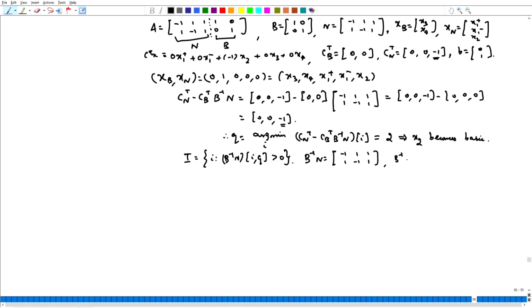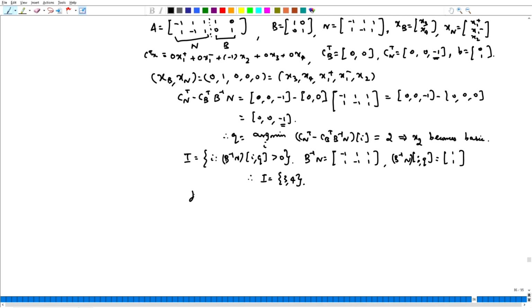So, B inverse N of q is 1 comma 1. I am just taking the column corresponding to q. Every value is positive, of course. So, we have I is both 3 and 4, both the variables, the first variable of xB and the second variable of xB, which is 3 comma 4.